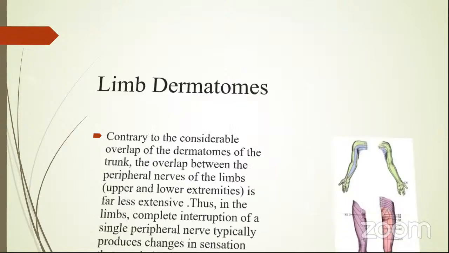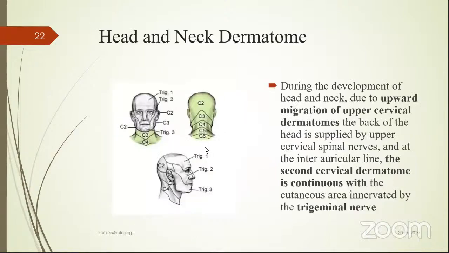Then we come to neck and head dermatomes. You can see in the diagram, as I told, everything is an upward migration. C2 is there, C3, C4, C5, C6, so everything is going up, a migration of dermatomes. Mainly we see C2, C3 in the scalp.